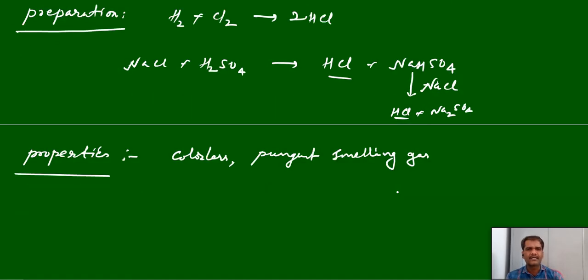And HCl gas can be dried over concentrated sulfuric acid. After preparation of this HCl, if any moisture is present, that can be dried over H2SO4. Why? Because it cannot react with H2SO4. We know that unreactive gases can be dried over concentrated sulfuric acid. So, HCl gas can be dried.